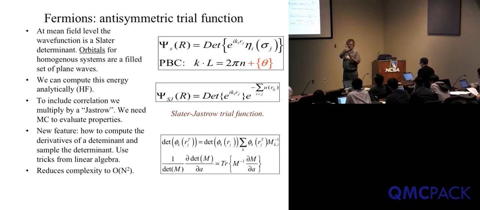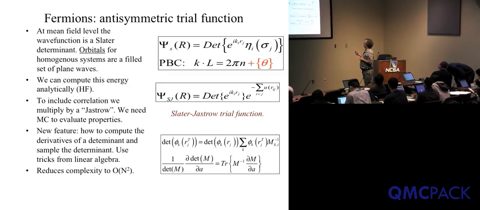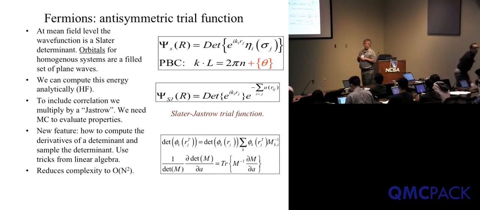All the electrons have to pick up the same phase, and that's what this theta is. The reason you do this is because it's equivalent to integrating over the Brillouin zone in a solid state calculation. By doing that, you cut down finite size effects a lot. We'll talk about this later in the week. Those are called twisted boundary conditions, this theta. So you end up with a complex wave function.